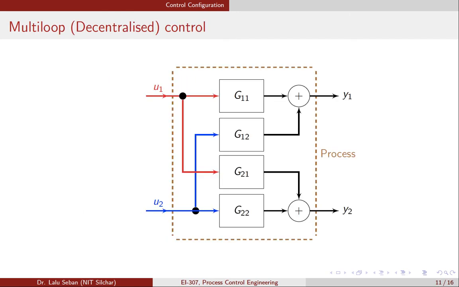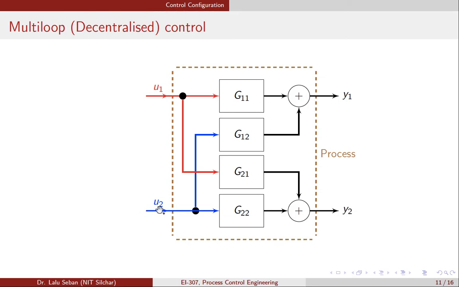Now let us discuss decentralized control. What is decentralized control? In decentralized control, as I have discussed, this output Y1 will be controlled by a particular controller which will take care of either U1 or U2. That means there will be a dedicated input for Y1. So assume that if U1 is the dedicated input for Y1, naturally the dedicated input for Y2 will be U2.